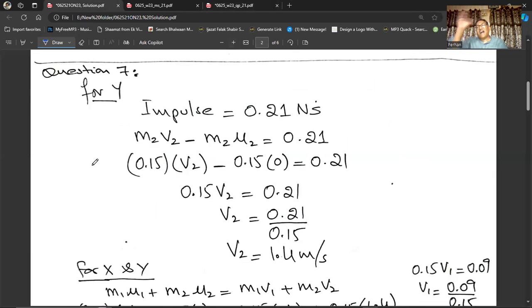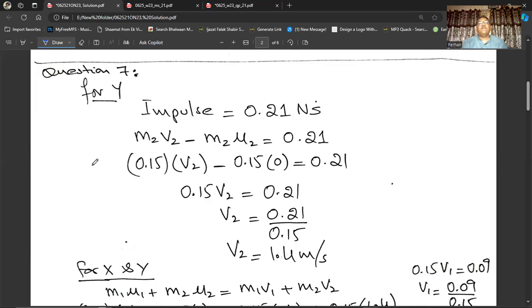Okay, so for Y, it is given that the impulse is 0.21 Newton second. The impulse is the change in the momentum. Let's say I'm calling its mass M2, and its velocity after the collision is V2. Its velocity before the collision is U2, and that was 0. So the change in momentum is equal to the impulse 0.21.